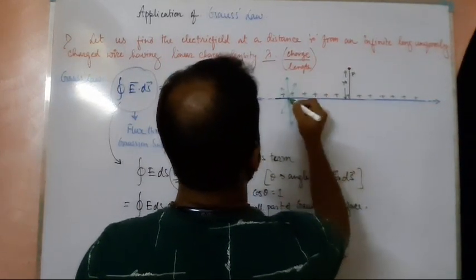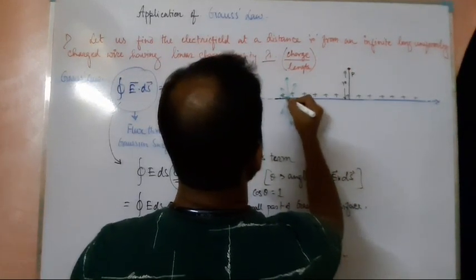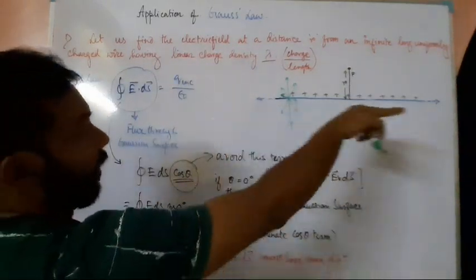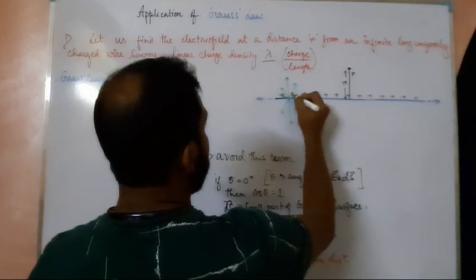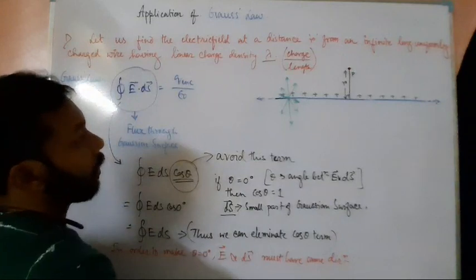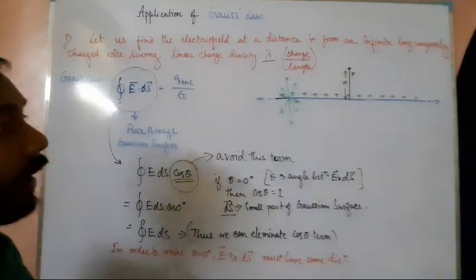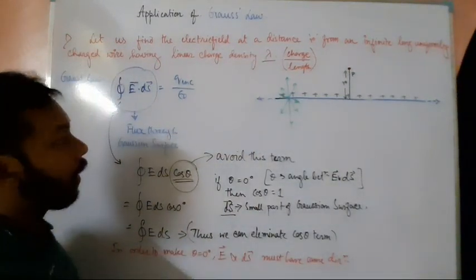We only have the radial components of electric field, but we do not have any axial component of electric field. The electric field only has radial components because of such a charge configuration, and it cannot have any axial components.